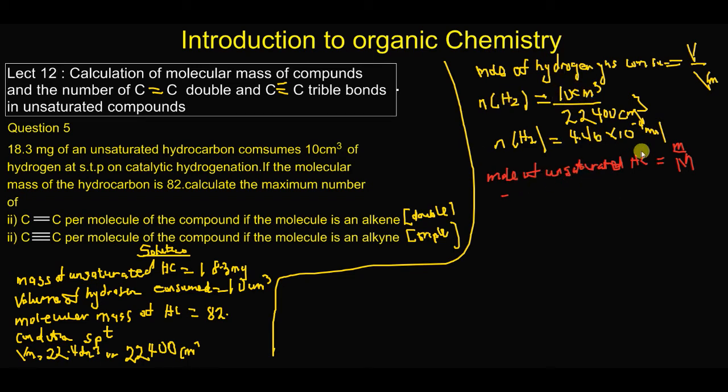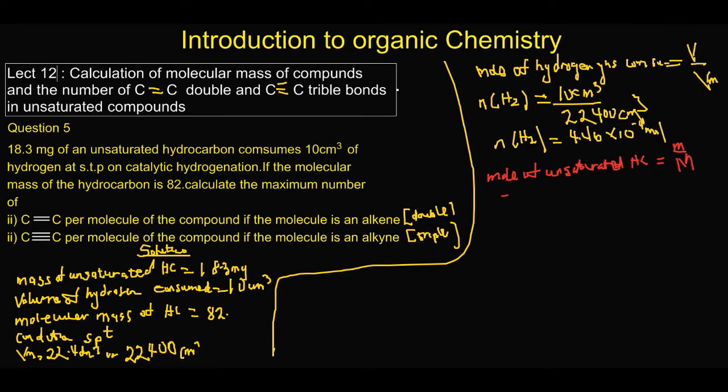It was the hydrogen that was consumed at STP. Because it is a solid, we don't usually use that one. If it is a gas, then we can use that. Remember, at STP we use it for calculating volumes. So we don't use it for the solid. For the solid, you can use this formula.